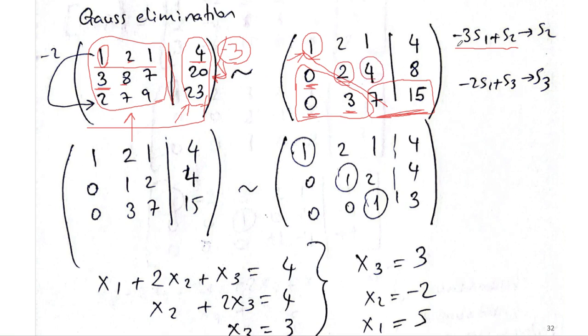Similarly, you can multiply the first row by -2 and then add to the last row, then this will become 0, 3, and 7. And we have 15 here. So 23 minus 4, minus 8, that's 15 here.